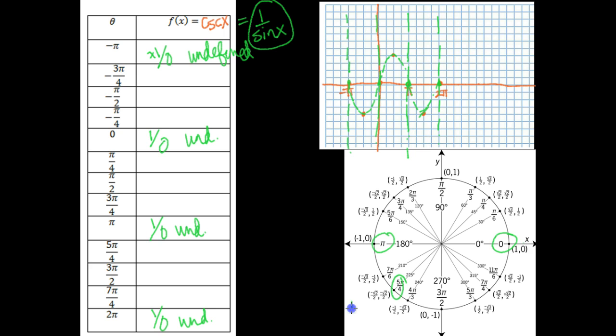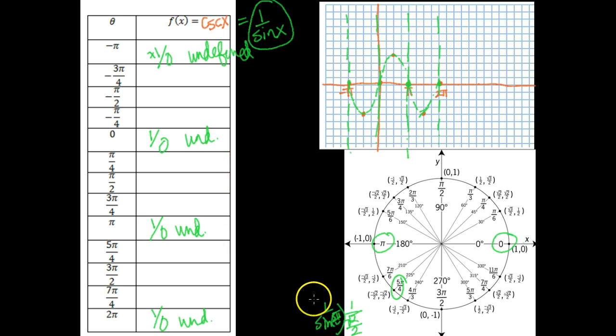So now I've got 1 over negative square root 2 over 2, because it's 1 over sine x, or 1 over sine of 5 pi over 4, because negative 3 pi over 4 is equivalent to that.